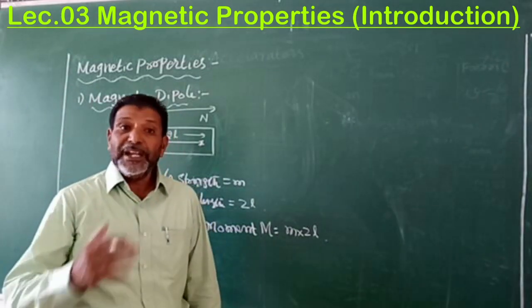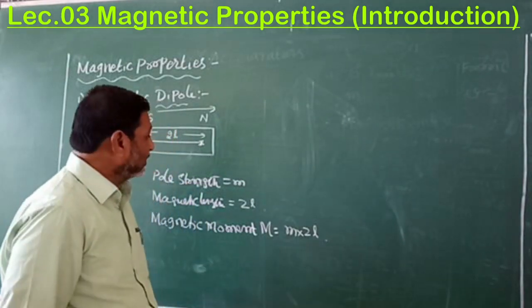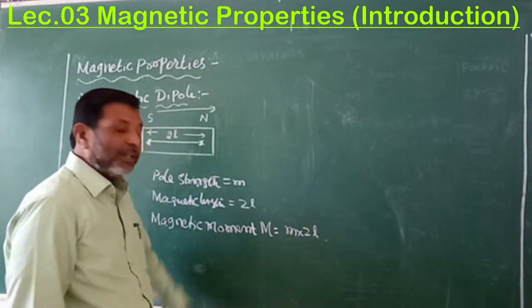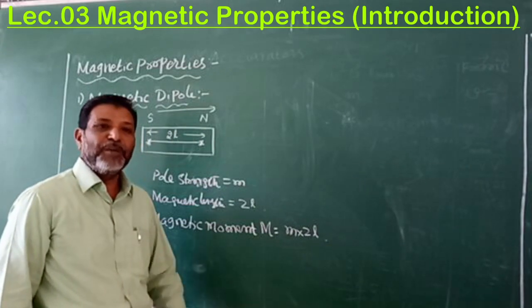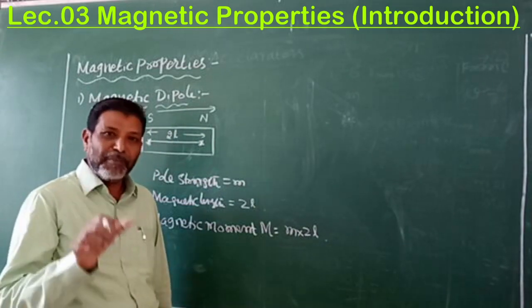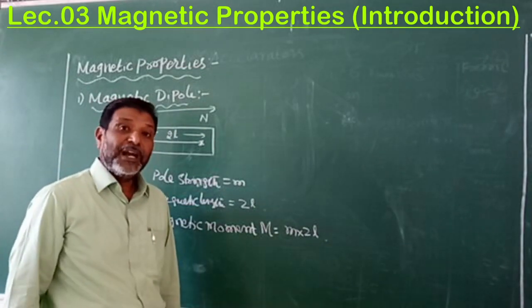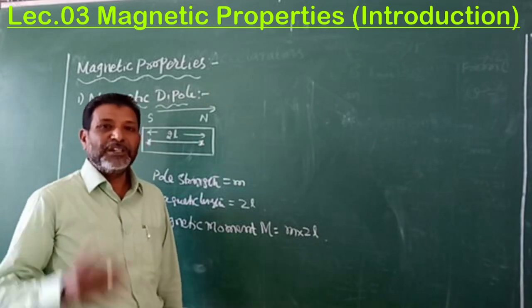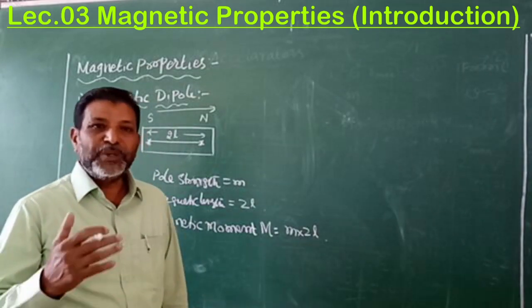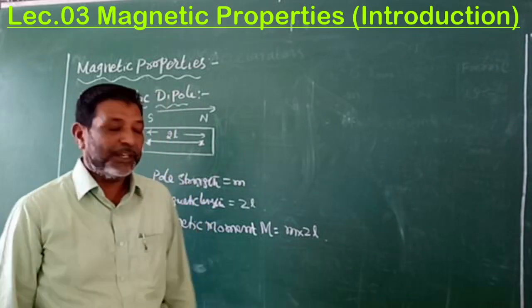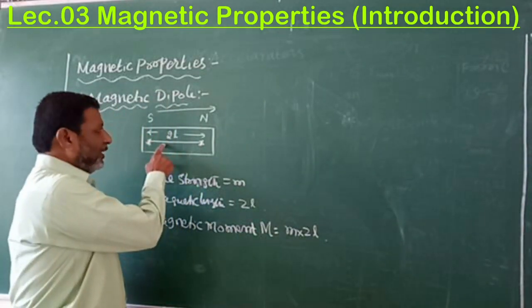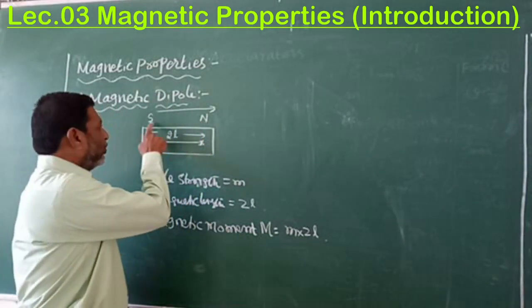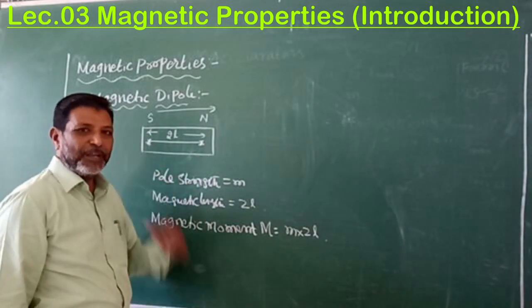The next thing is the examples of a dipole or magnetic dipole. One is the bar magnet, and another is a circular loop carrying current. Since a bar magnet has two poles, north pole and south pole, it is a dipole.